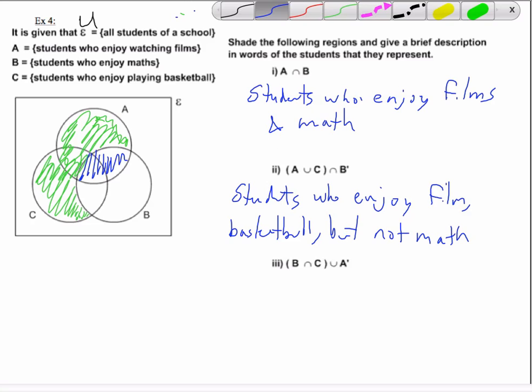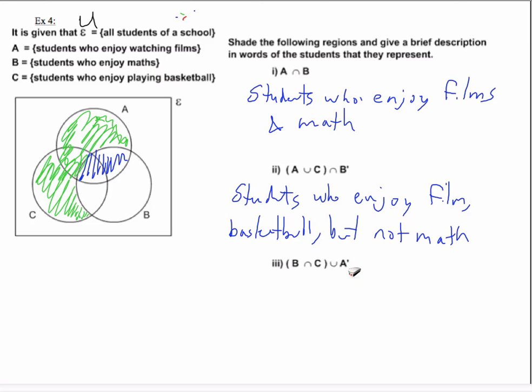Now the last one, we have B intersect C, but not in A. B intersect C is students who enjoy math and basketball.